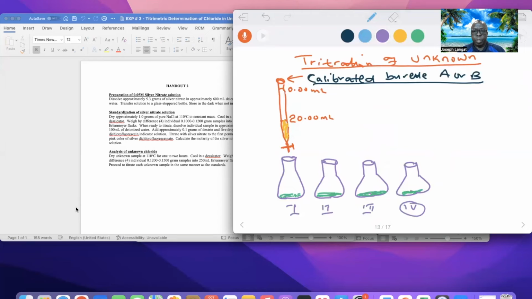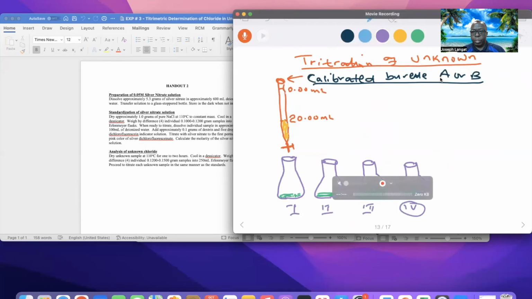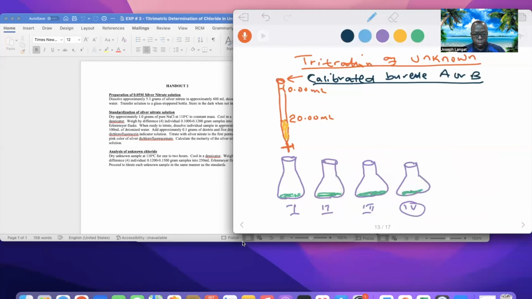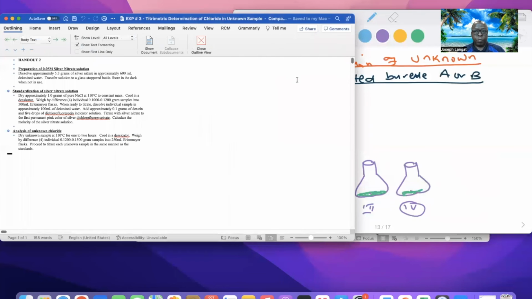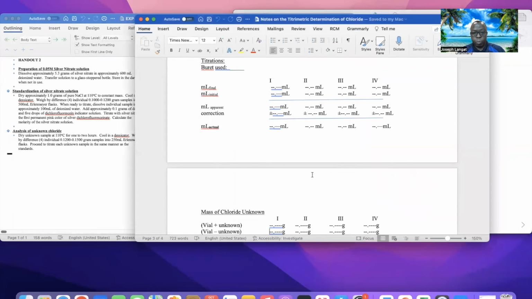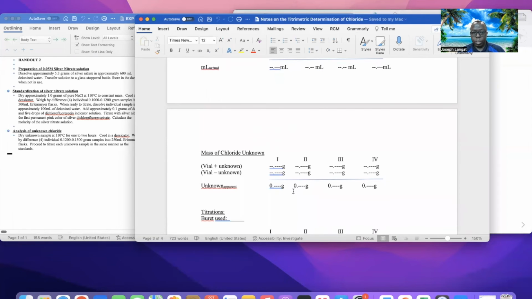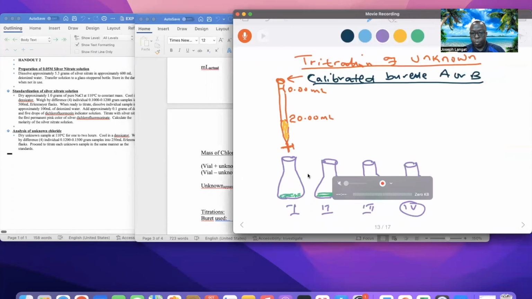Either calibrated buret A or B. I'm using these numbers to represent the titration values for buret A or buret B. Look at trial 1.